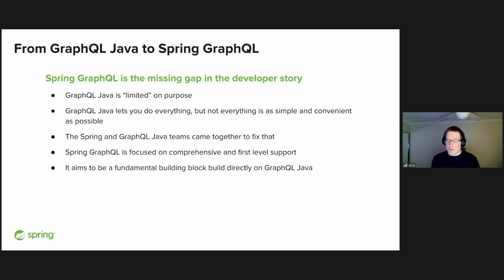It leverages GraphQL Java directly and to its fullest capabilities. And how we think about Spring GraphQL is that it's a building block for more opinionated solutions if you require these. For example, code generation or other more specific solutions can be, and probably should be, built in the future on top of Spring GraphQL.